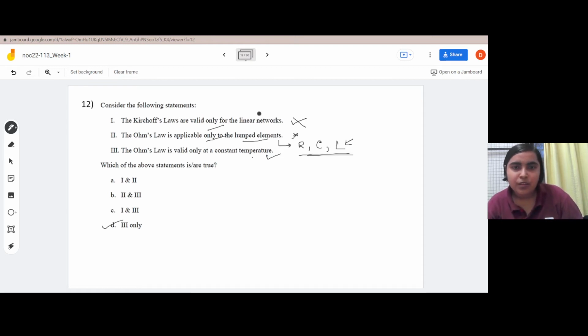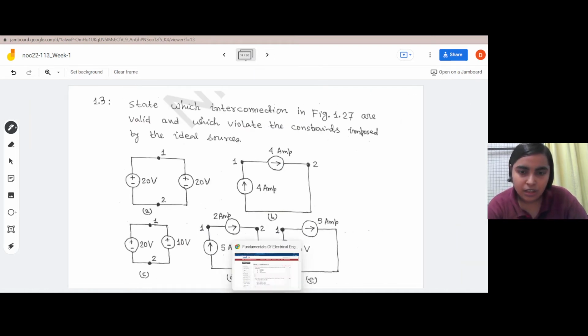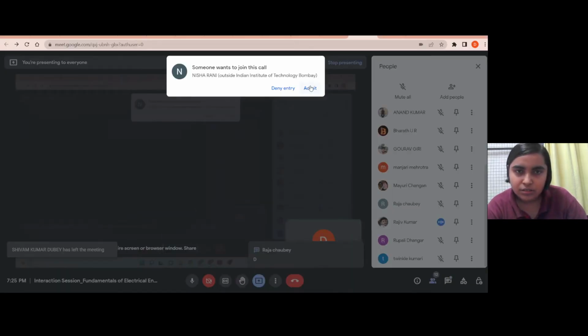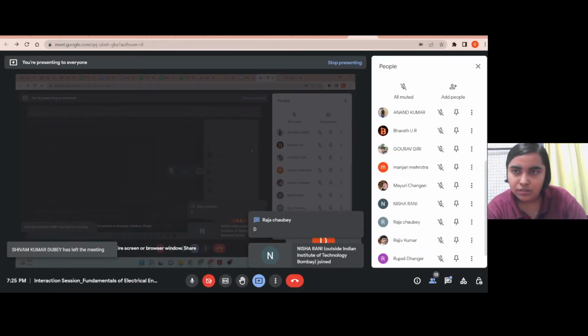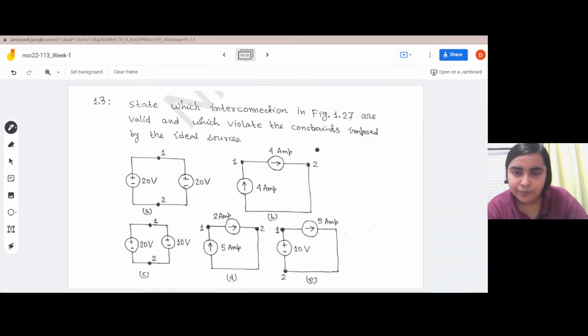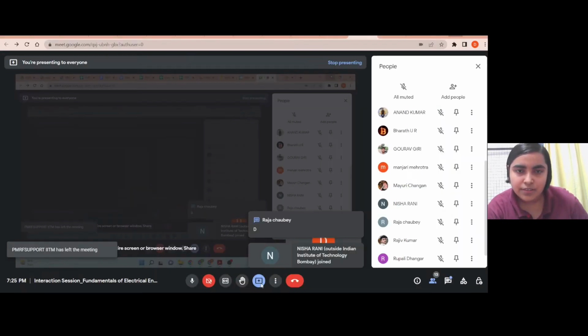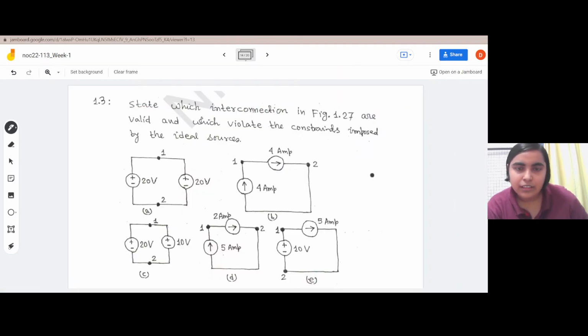Okay. So, we will move now to a few other questions. Can someone comment on this? Could you comment whether these connections are valid or invalid?